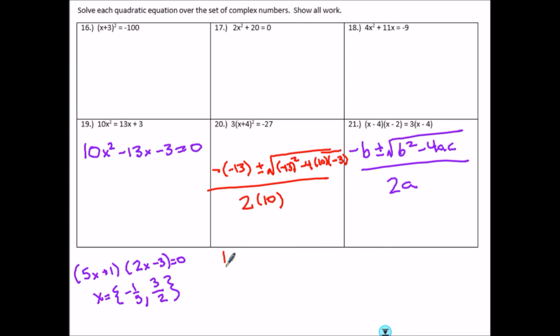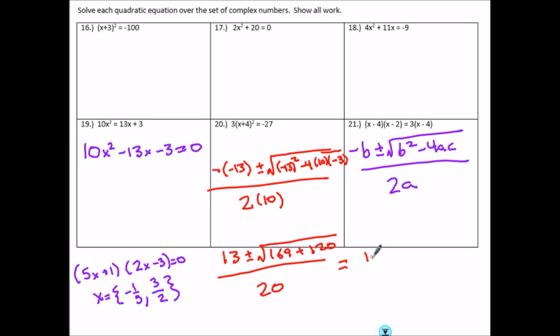So we end up with 13 plus or minus the square root of 169 + 120, because negative 4 times negative 3 is 12, times 10 is 120, all over 20.